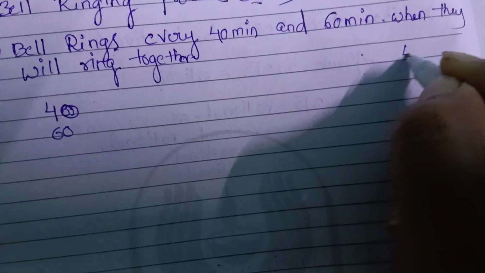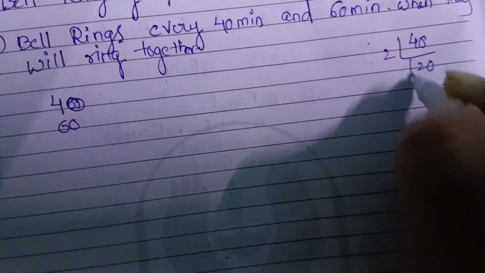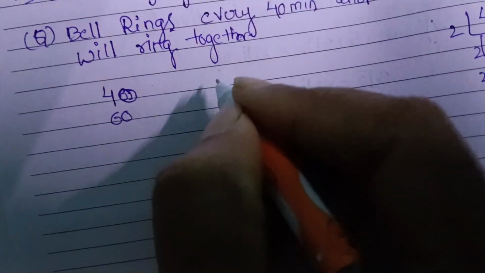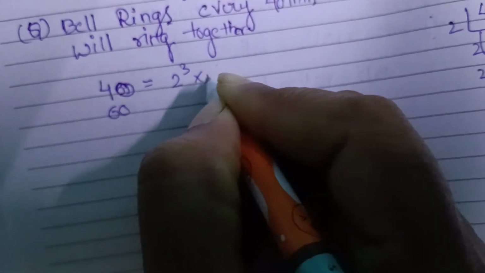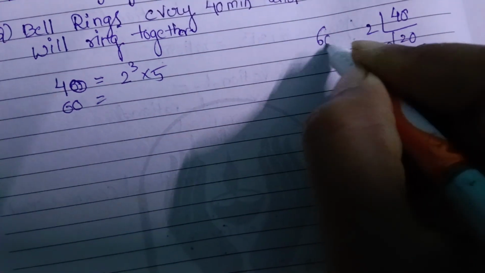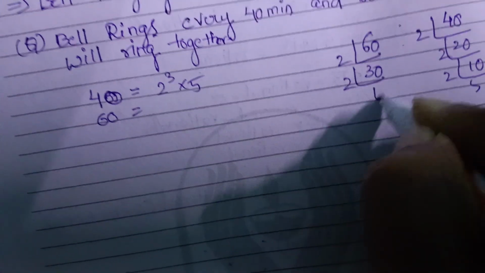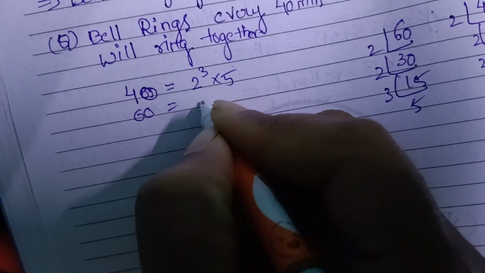40: go for prime factorization. 2 20s, 2 10s, 2 5s. 2 cube into 5. What about 60? 2 30s, 2 15s, 3 5s are 15. 2 square into 3 into 5, right?